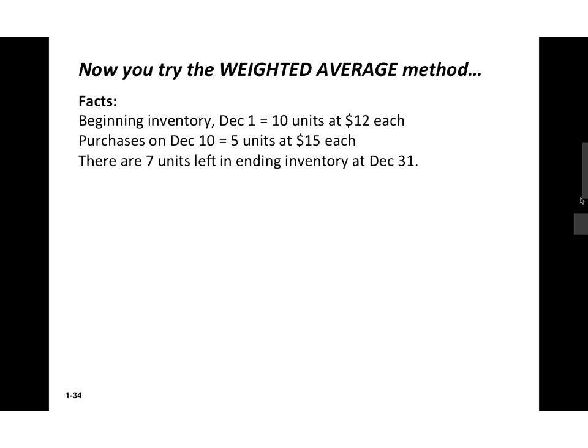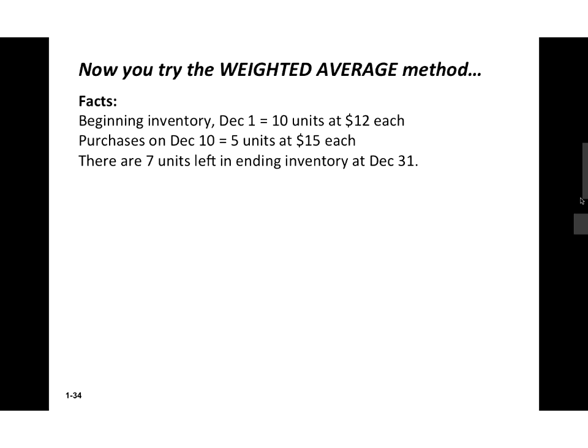Now we're going to answer a set of questions. And that same set of information that I just gave you is going to be the same over and over and over. The facts are the same. So let's just go back to beginning inventory. You had beginning inventory $120, right? And I have purchases of 75, 5 times 15. So if I add those 2 together, that's what? 195? 195, okay?